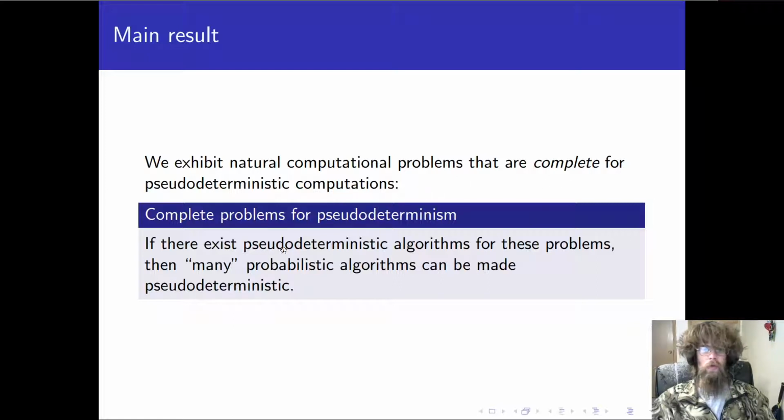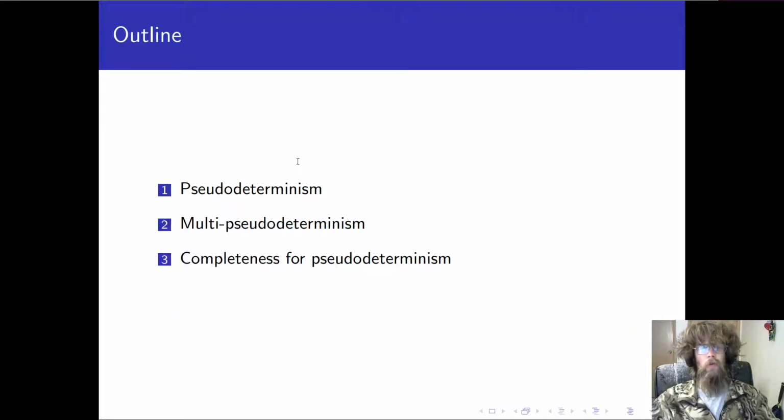What we mean is if these problems have pseudodeterministic algorithms, then lots of other problems also have pseudodeterministic algorithms. So first I'm going to explain what exactly pseudodeterminism is, and then a generalization called multi-pseudodeterminism, and then explain what exactly our completeness result says and how we get it.